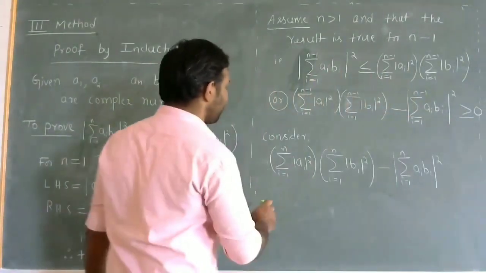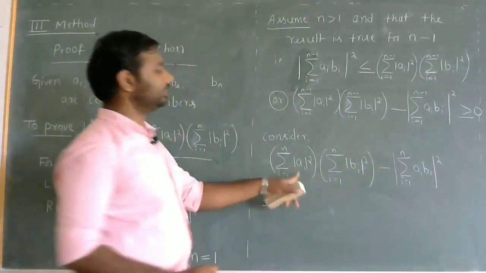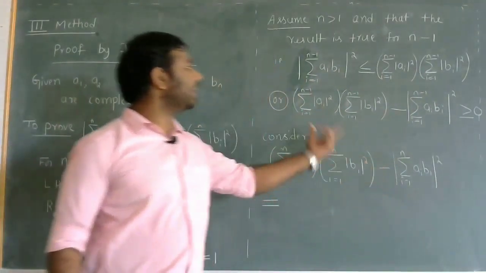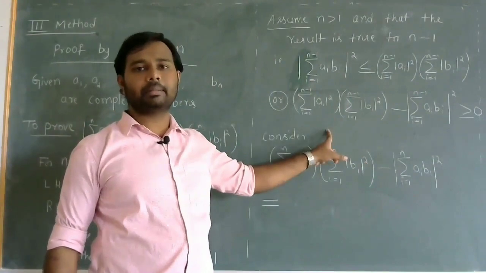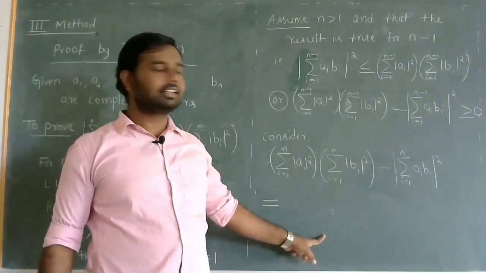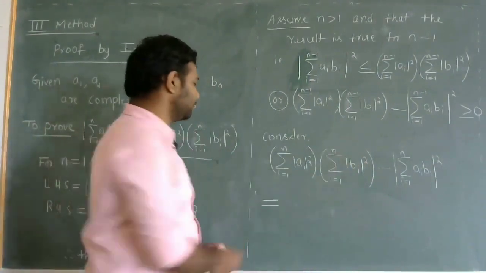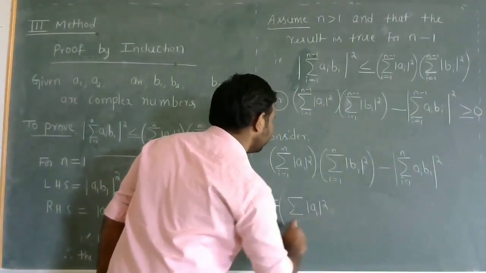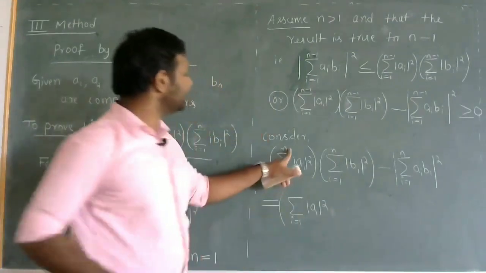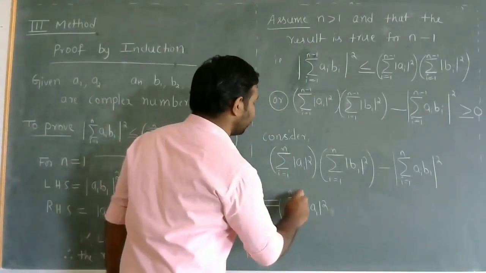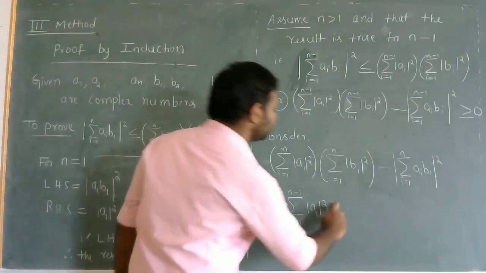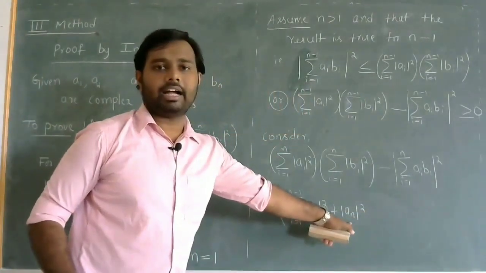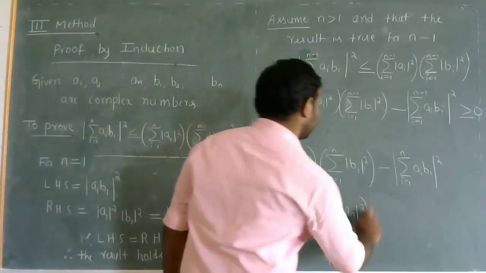Right? Now you have to write this in terms of n minus 1, because you have to use the case n minus 1 in proving the case n. So express it in n minus 1. The first term, here we have summation modulus of ai square, i running from 1 to n actually, so I'll take up to n minus 1. The nth term I'll write outside the summation.